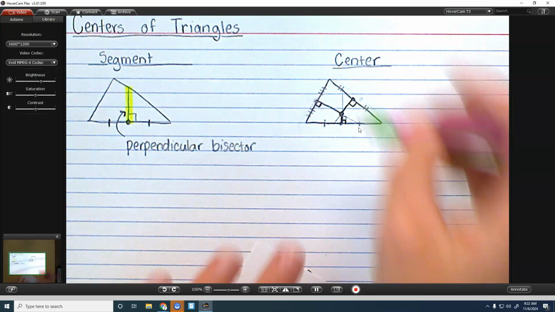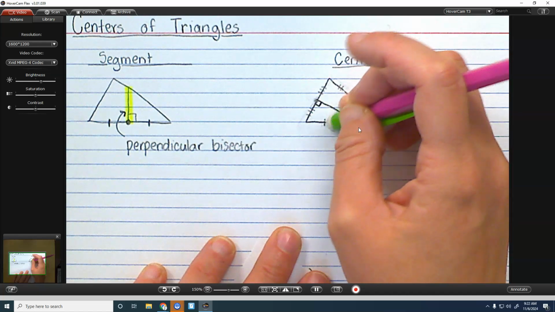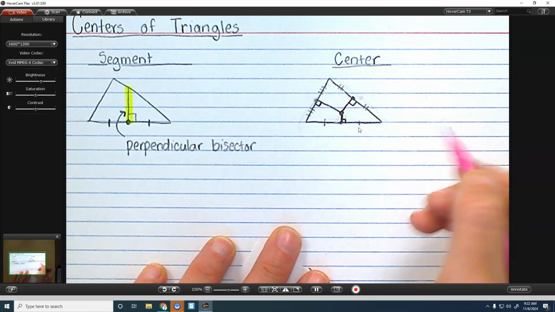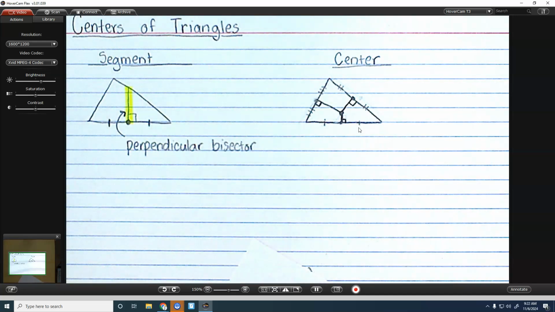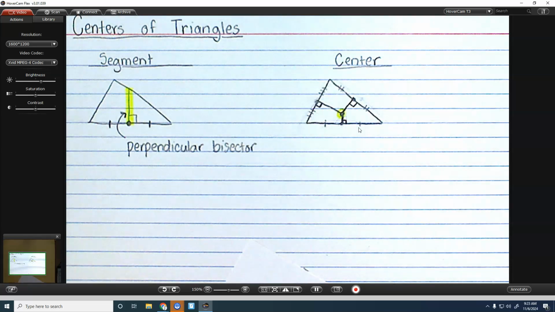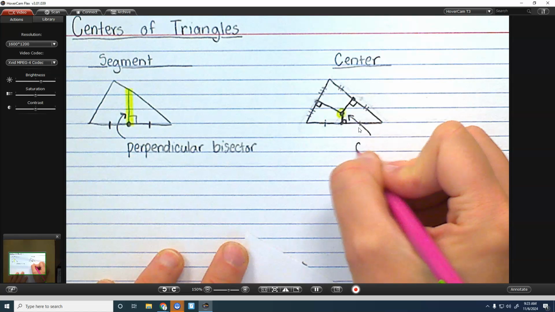You can erase them if you want to make it look a little bit better. So this right here is our circumcenter.